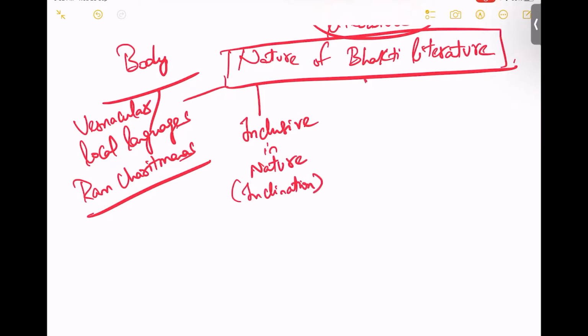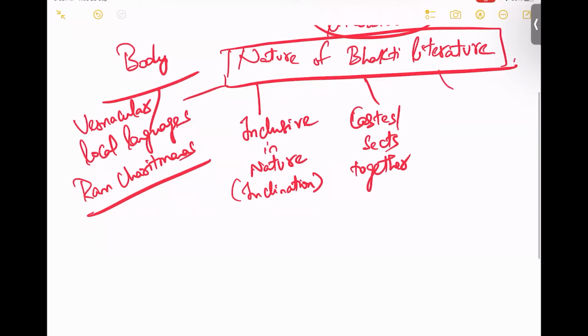And it brought various castes and sects together. And it gave love for God as the only ideology.